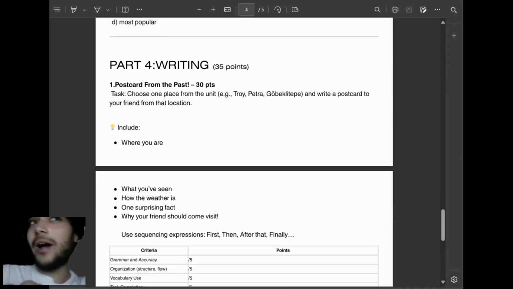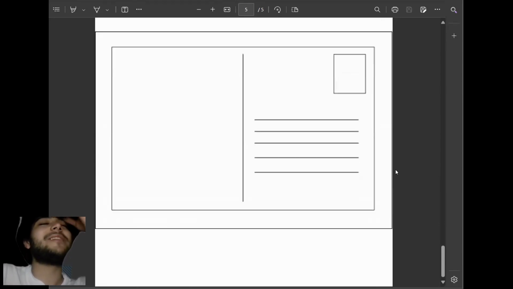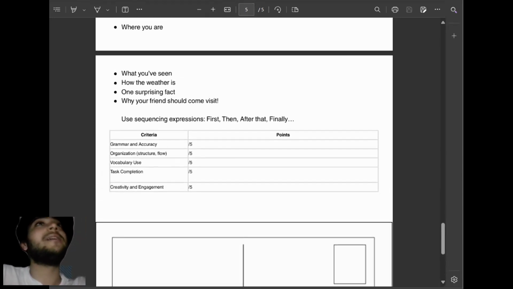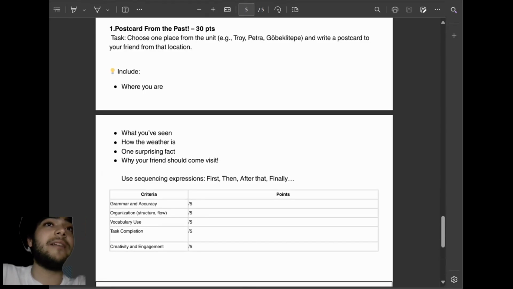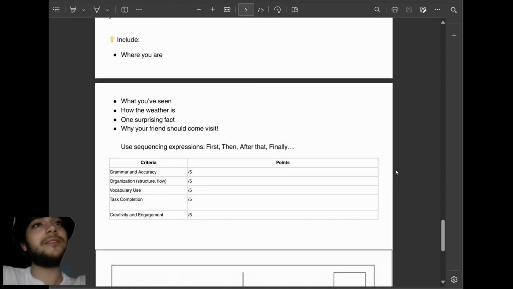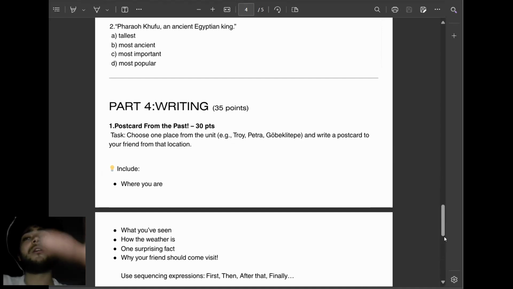And also, I forgot to add how many words or how many sentences you should write in their writing, which was a little bit of a struggle for me, because after a while they were doing the exam, I had to say you have to write at least 5 sentences or like 70 or 80 words. And it was a little bit my mistake about the writing part.